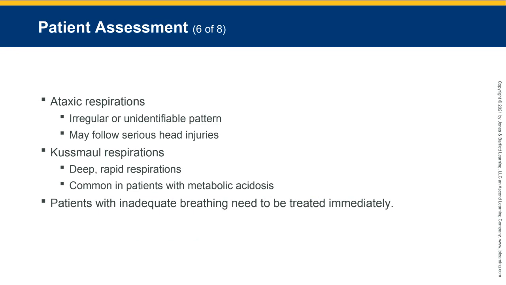Now, ataxic respiration. Ataxic respiration is going to be observed in a patient with a serious head injury. Usually this occurs in patients who have terrible head injuries. The difference between ataxic respiration and Cheyne-Stokes is that ataxic is an irregular breathing pattern that has no consistency.